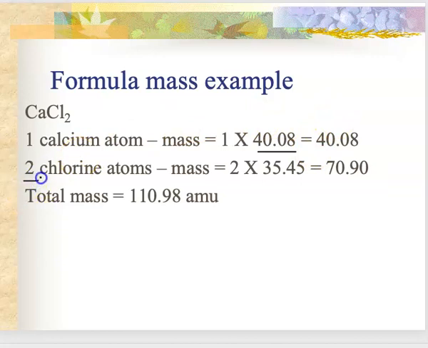And then calcium chloride has 2 chlorine atoms. Its mass on the periodic table is 35.45. So twice that is 70.9. And then you just add those 2 masses together to get the mass of the complete compound, 110.98 atomic mass units, or 110.98 grams in 1 mole of calcium chloride.